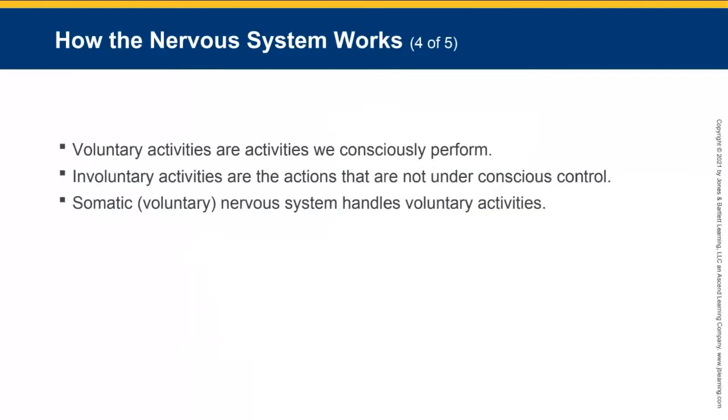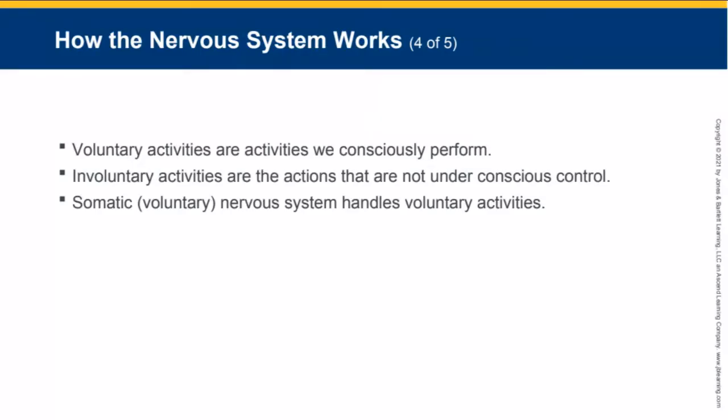Still on how the nervous system works, voluntary activities are activities we consciously perform. Involuntary activities are the actions that are not under conscious control, and the somatic nervous system handles voluntary activity. So the peripheral nervous system further breaks down into what we would refer to as the autonomic and somatic nervous system.